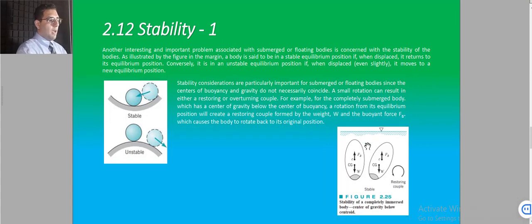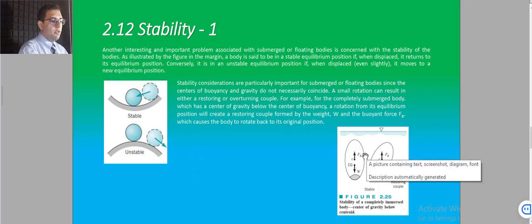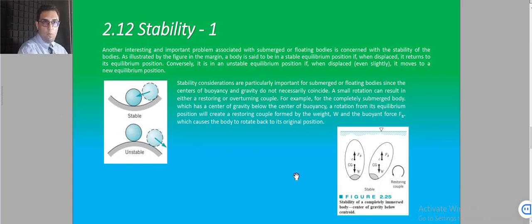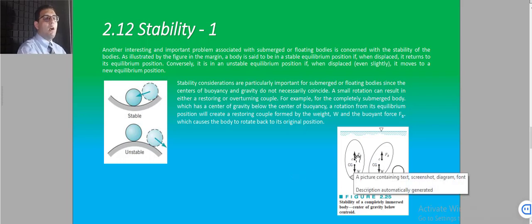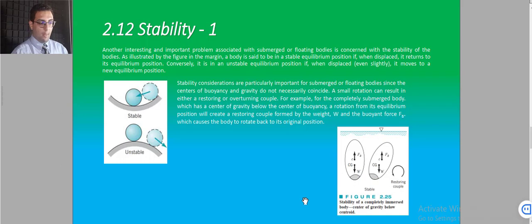So I'm going to talk about the stability. Guys, when we have a body which is floating, there are 2 points to be paying attention to, which is the center of buoyancy and the center of gravity.